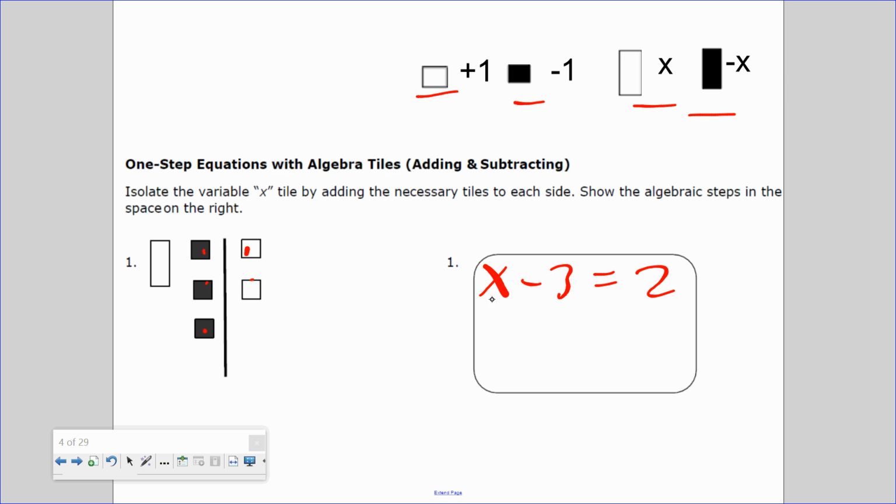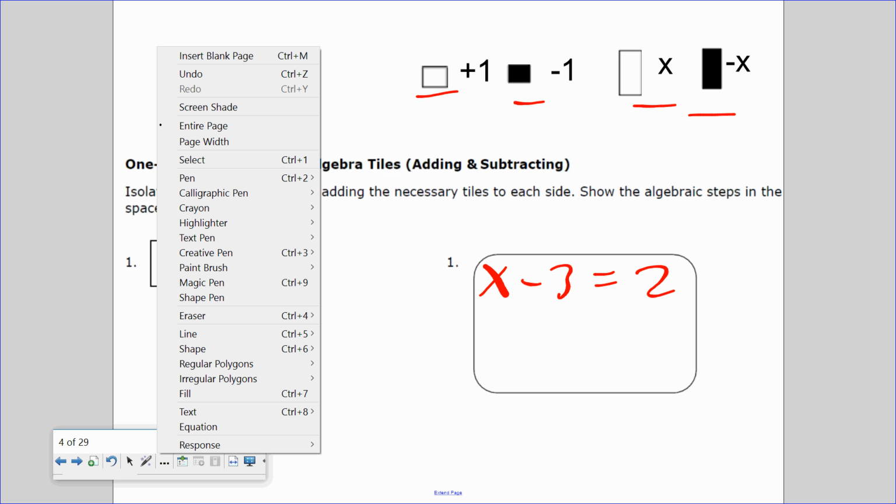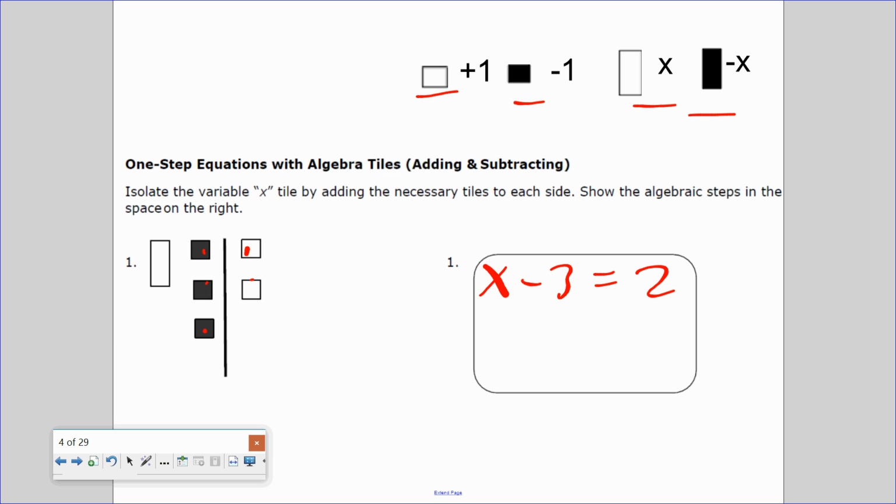So I need to isolate this variable x. In order to isolate this variable x, I need to do the inverse operation. What is the inverse of minus 3? The opposite of the operation of minus is add. Add 3. Is it balanced? No. Add 3 to this side.